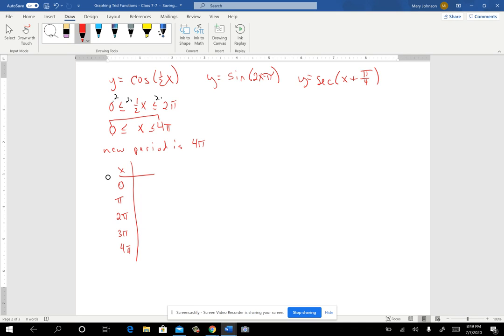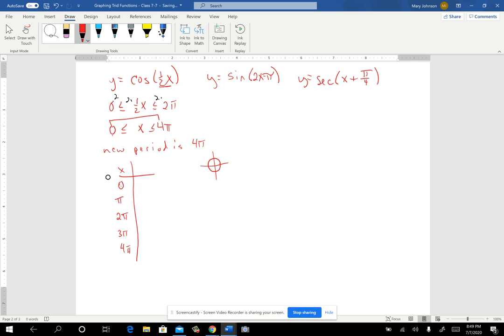So that one turned out to be pretty easy because you didn't have any fractions involved. But here's what I want you to realize has happened. Because our new period is 4 pi and we have those 5 key points, the output we get from those 5 key points is going to be what we would get moving around that unit circle, even though it's not really just one rotation anymore. Let me see if I can explain that better.